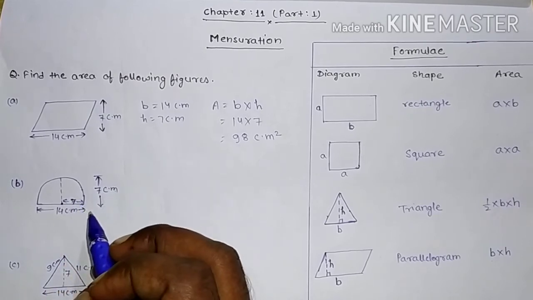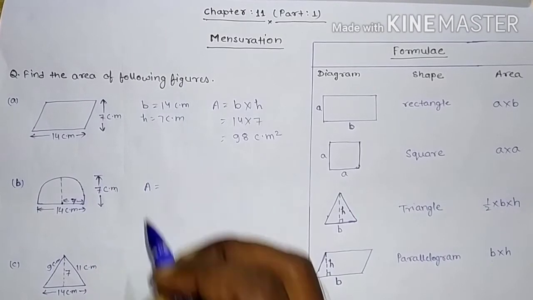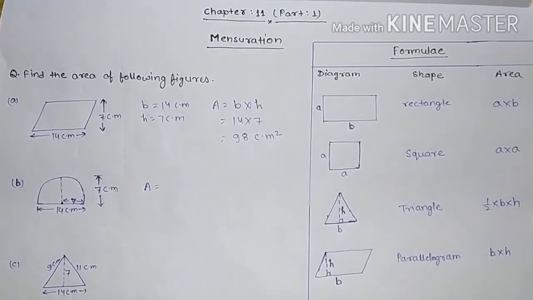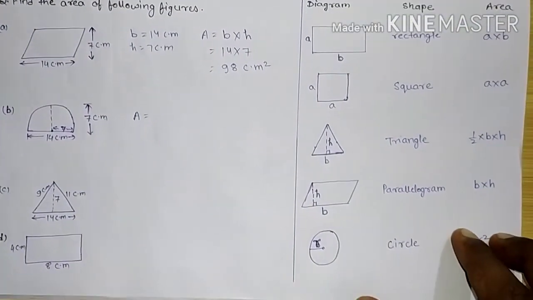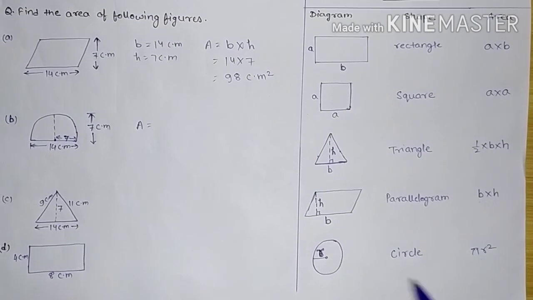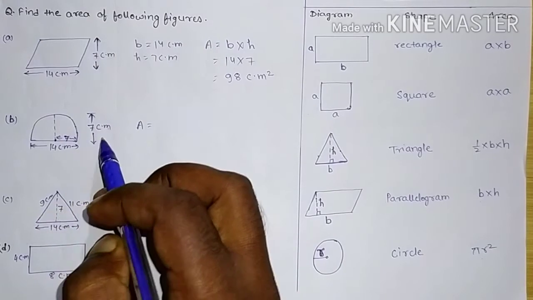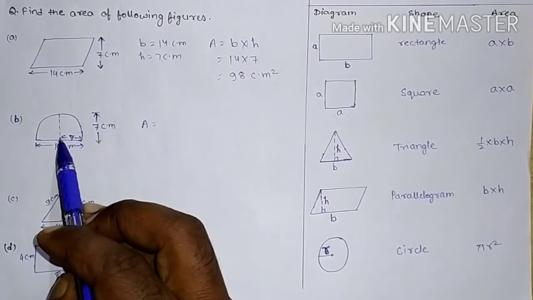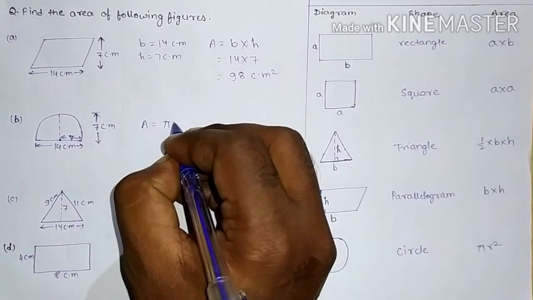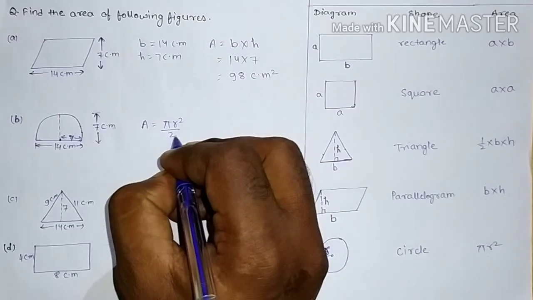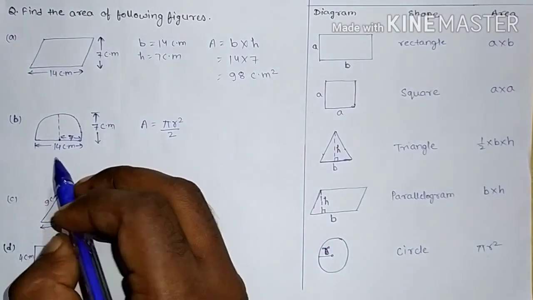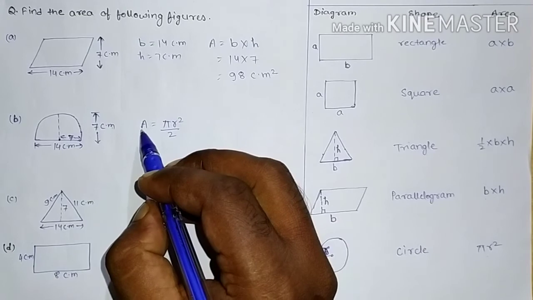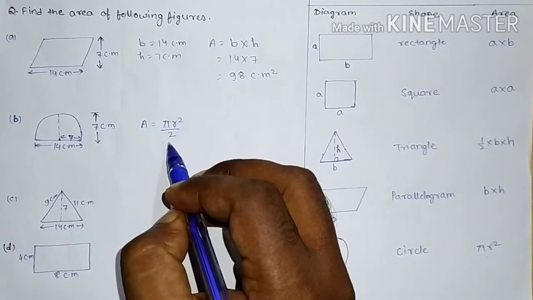So the area of circle is pi r square as given in this figure. Here the half circle is given. So area is divided by 2 because it is a half circle. So the area of half circle will be pi r square by 2.